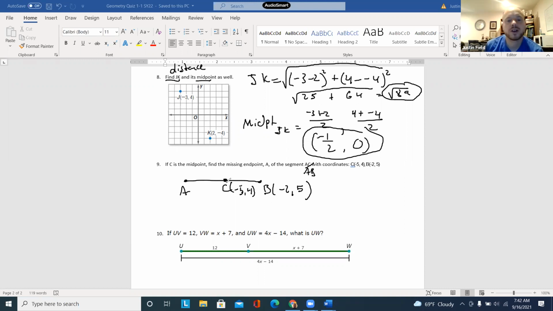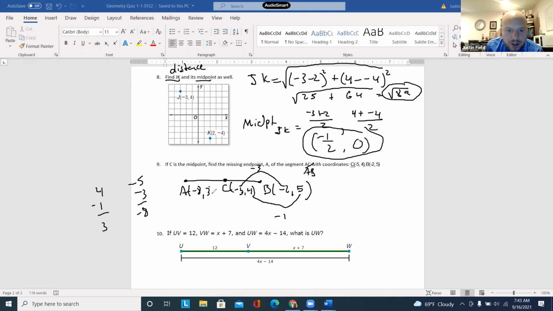All right, so the midpoint is the same distance from A and B. So how far is it from B? It is 3 away, right? We got to subtract 3. So I got to subtract 3 more to get the x coordinate of A. So negative 5 minus 3 is negative 8. And then how about the y's? Going from 5 backwards to 4, that's only subtracting 1. So let's take 4 and subtract 1 from it, get 3.